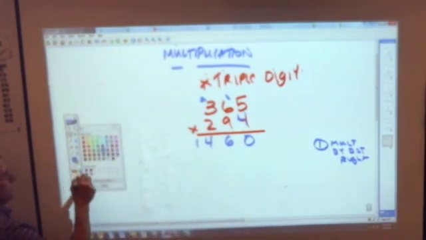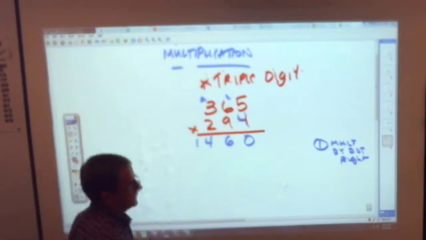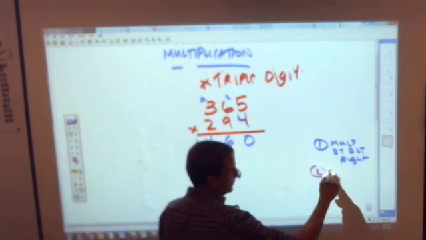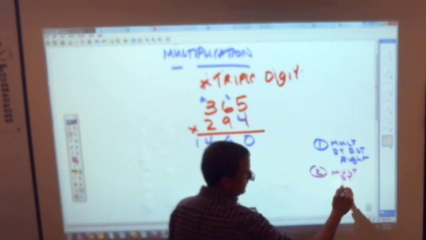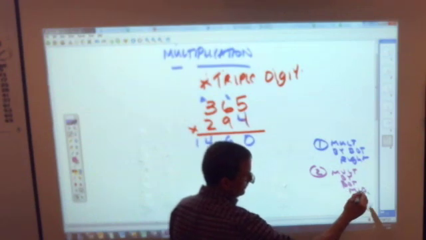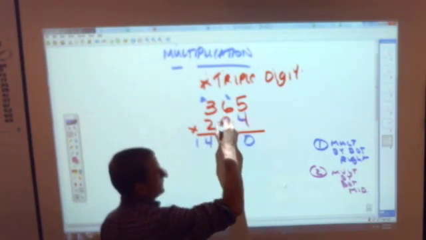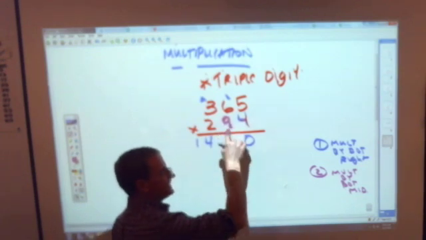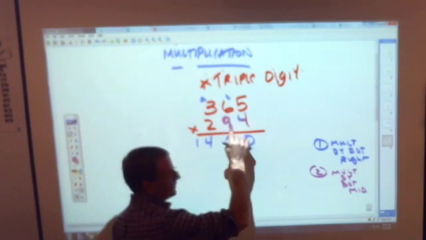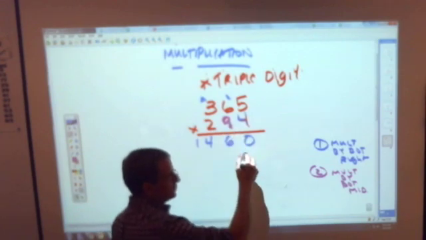And then, ladies and gentlemen, when you get to the next digit, next step is you multiply by the tens digit on the bottom, which is the bottom middle digit, which is this 9. But before I do that, what has to happen, just like in double digit multiplication, because this is not a 9, ladies and gentlemen, that is a 90.